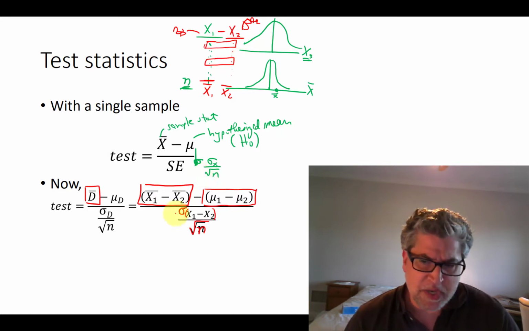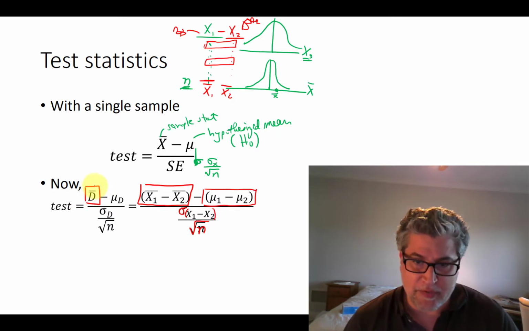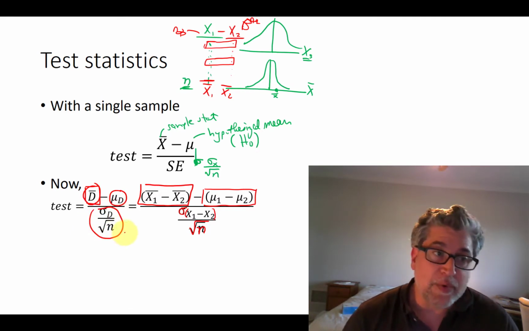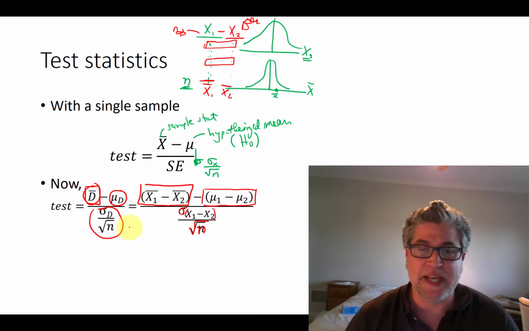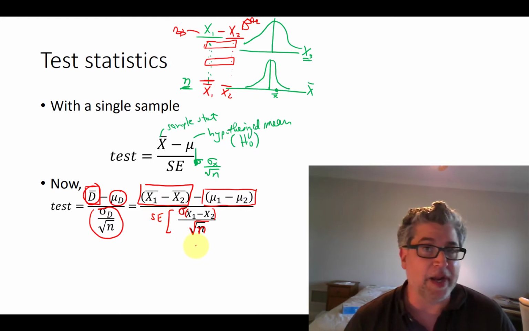So there really is not much of a difference in these test statistics. We have our sample statistic, we subtract off the hypothesized mean, and we divide by the standard error. Now, when we were doing non-matched, like independent samples comparison of means, this standard error thing sometimes got a little bit hairy.